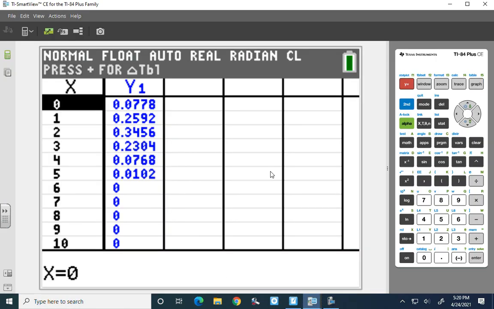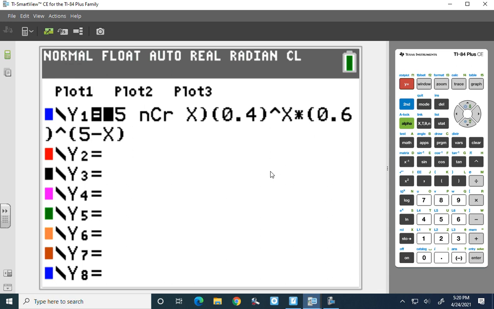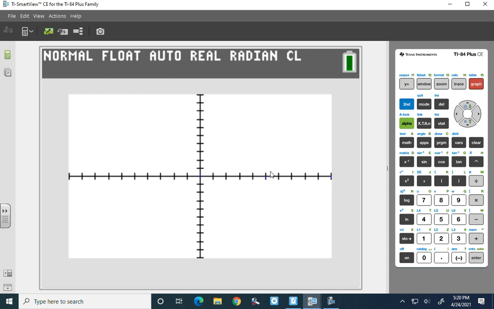If I go to my y equals menu, to sketch it correctly, what I need to do is put this data into a list. If you try to sketch this in your standard window, when I graph this, I don't really get anything, because I'm trying to plug in all kinds of weird numbers into this. So really, to sketch what this looks like, I need to get this data dumped into a list.